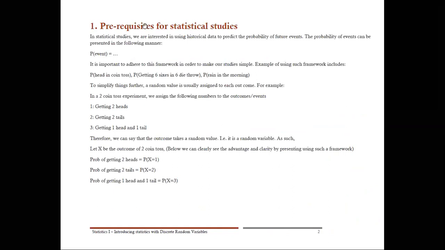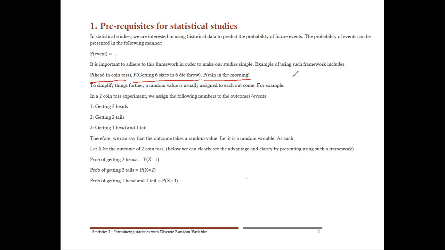Okay, so previously when we work out probability, okay, we usually use the notation like this: probability of getting a hit, probability of getting sixes in 6 die throws, probability of getting rain in the morning. Okay, but what we want to do here is to simplify things. So instead of writing in English, I hate English.